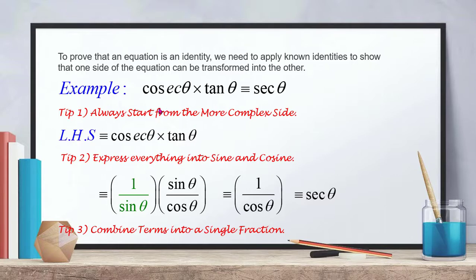So we started off with the left hand side, cosec theta multiplied by tan theta, and we have simplified it to sec theta, which is the right hand side. Which means that we have proved that the left hand side is identical to the right hand side.